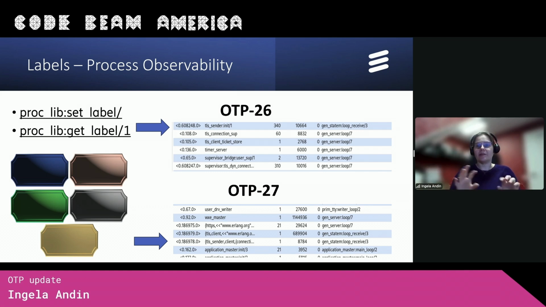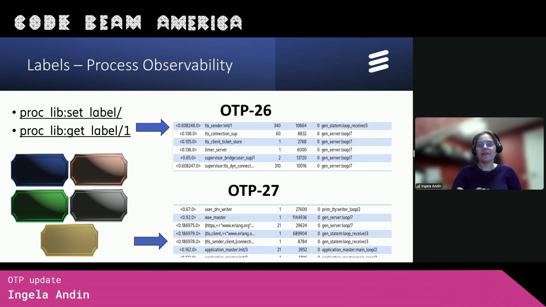But if we take a look at the bottom, in OTP 27, when we have used the process labels, we can now see that the TLS sender is a client, and it's connected to www.erlang.org. And also we can see it has a user process that's implementing HTTPS and not LDAP, for instance.